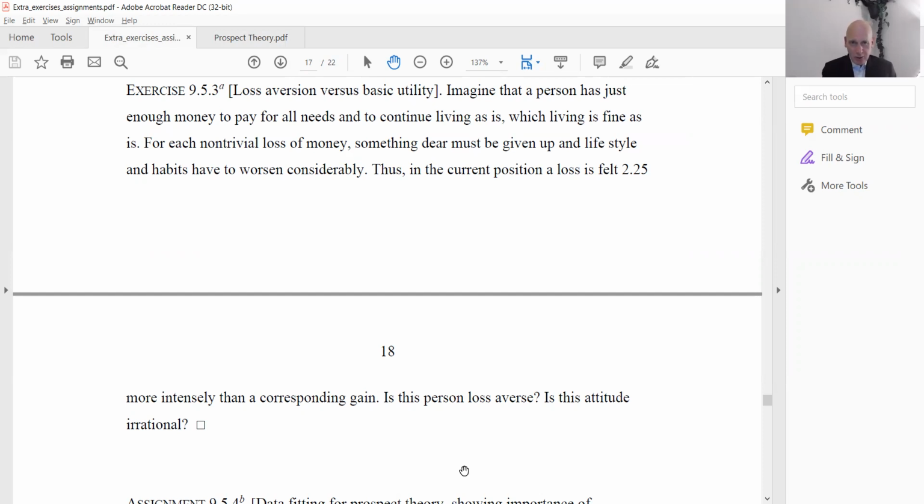Imagine for this person, in terms of final wealth, we change nothing. So the person remains with the same amount of money and everything the same that can be done in life. But we make the person perceive the reference point differently, let's say 100 higher. And therefore we make the person perceive the changes with respect to the reference point all to become 100 lower. So different reference point, but no difference in final wealth.